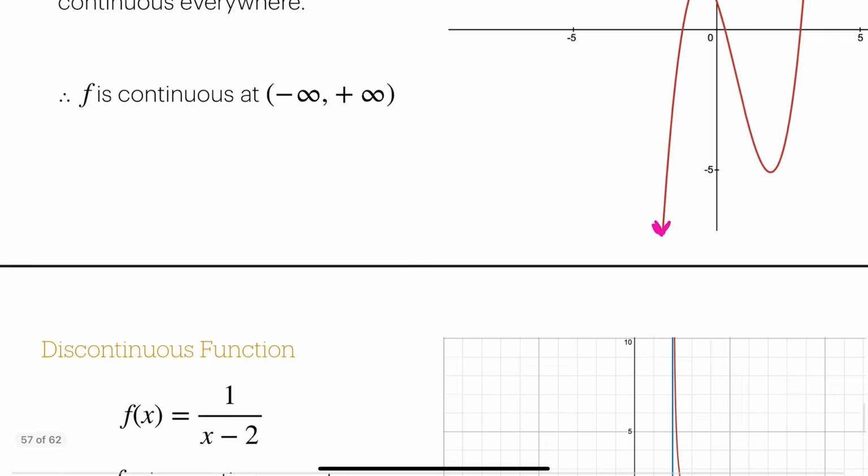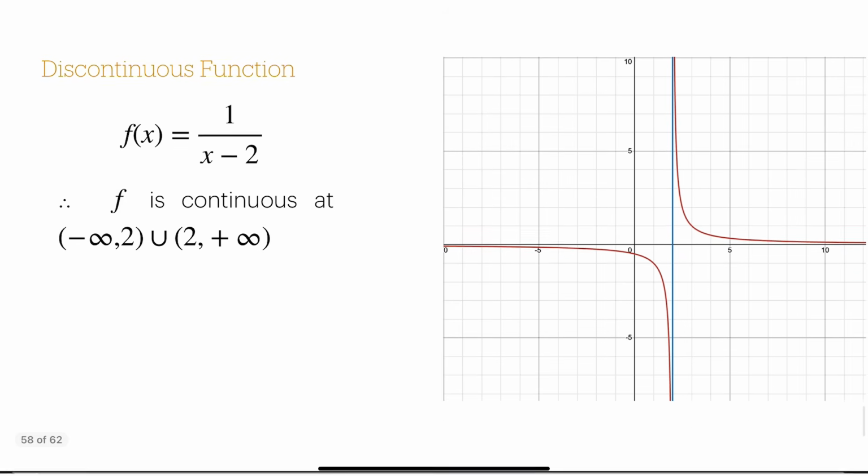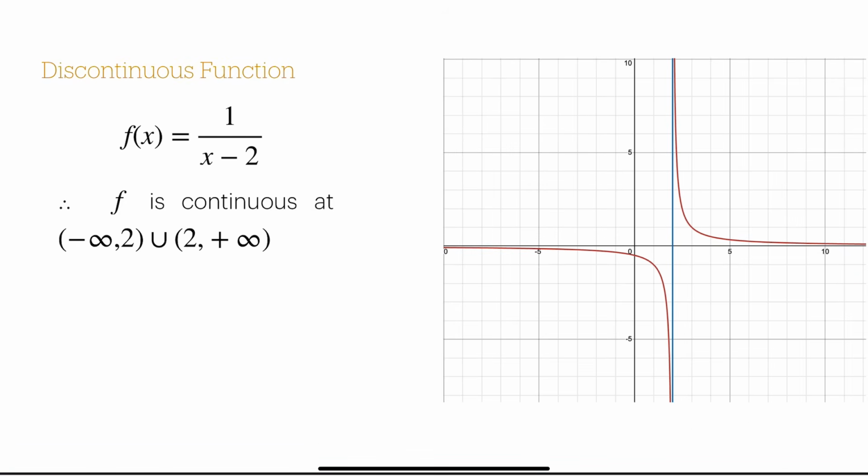And then we go to this function, a rational function, f of x equals 1 over x minus 2. For the graph of this function, we are showing it here, the graph is cut along the value of x right here, which is x minus 2.